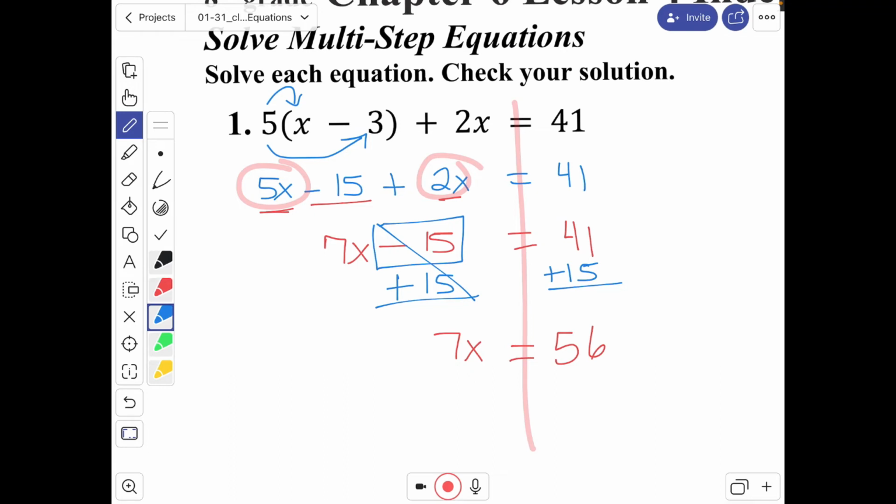And then we undo the multiplication. So the opposite of multiplying by 7 is dividing by 7. So I divide by 7 on both sides. The 7s cancel. X comes straight down. And 56 divided by 7 is 8.